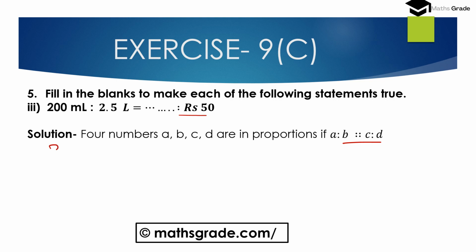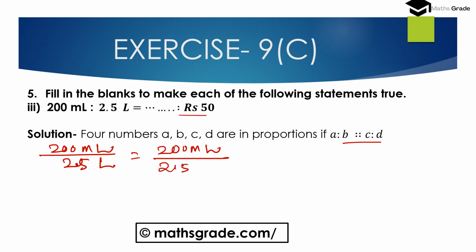Here 200 milliliter divided by 2.5 liter. Here the antecedent is in milliliter and the consequent is in liter. Both are not of the equal unit. So first we have to convert this liter into milliliter so that the antecedent and the consequent will be of equal unit. And we know 1 liter is 1000 milliliter.